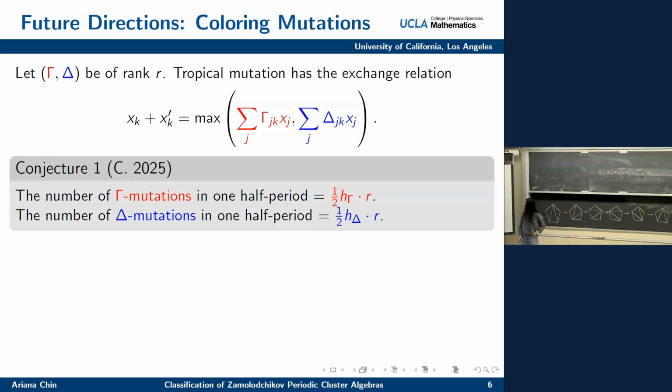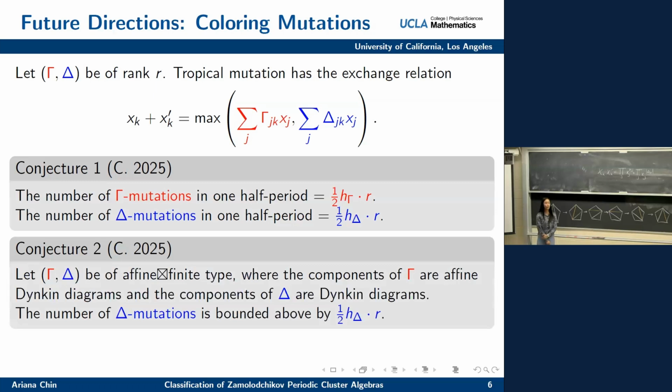positive roots. So some people that attended the workshop last week might remember that there is more than the finite case. There are the linearizable families, which is the affine finite types, where one side is affine, one side is finite, and this conjecture still seems to hold for those families.